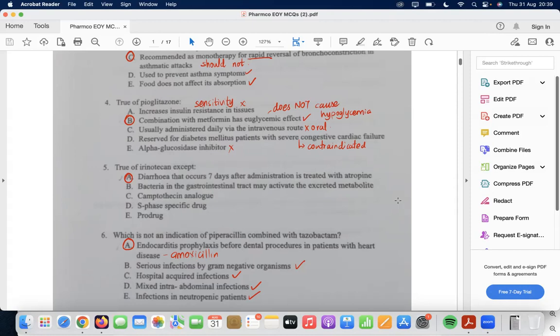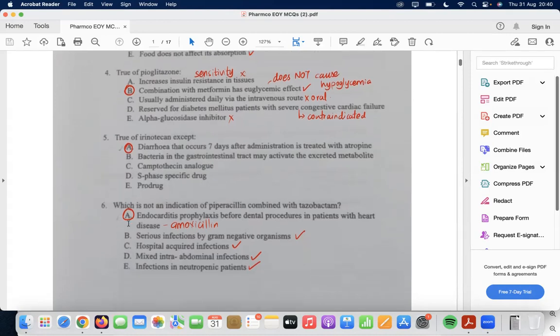So yes, definitely I can buy that atropine can treat diarrhea. Yeah, because it can reduce gastric bowel movements and such, reducing chances of diarrhea. Yeah, so A makes sense, so I think it's true.